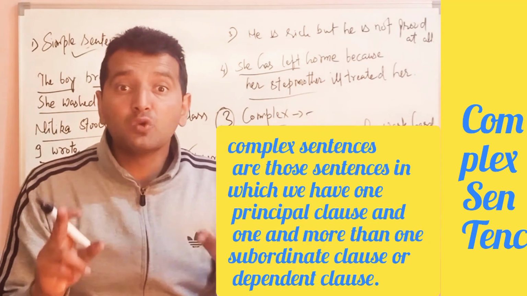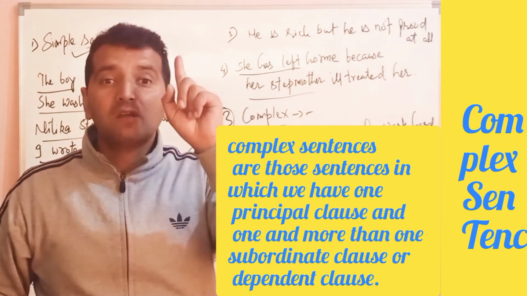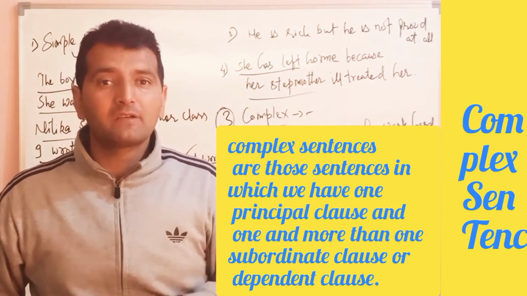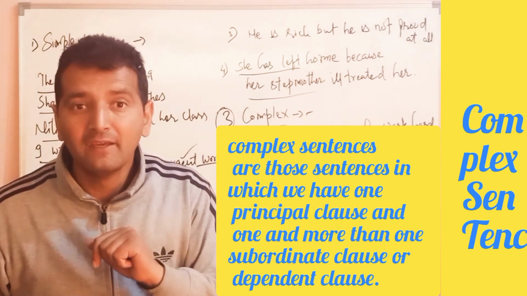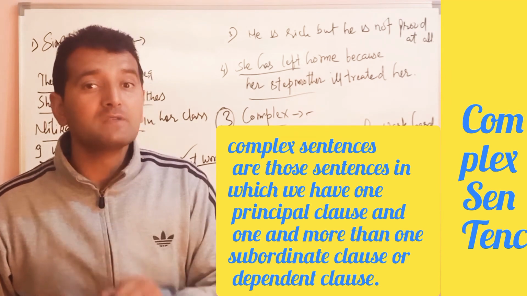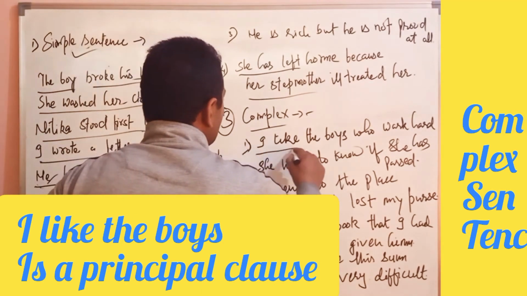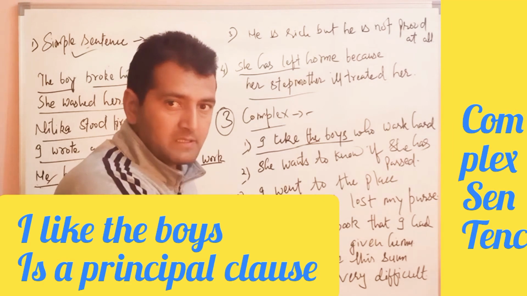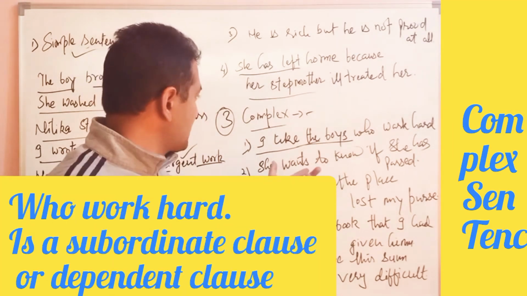Complex sentences are those sentences in which we have one principal clause and one or more subordinate, dependent clauses. And what are those dependent clauses? Noun clause, adverb clause, and adjective clause. So the same example here. I like the boys. This is the principal clause because I understand fully: I like such boys. What kind of boys do I like?